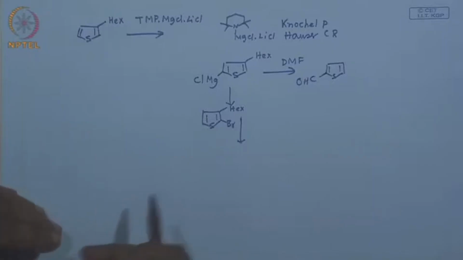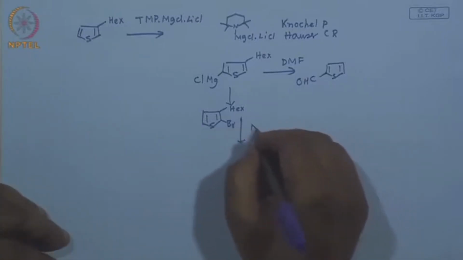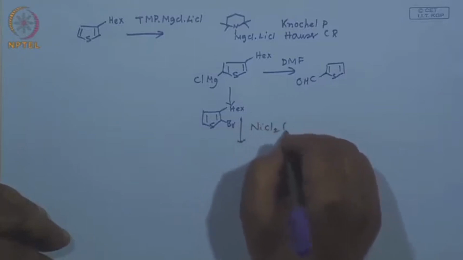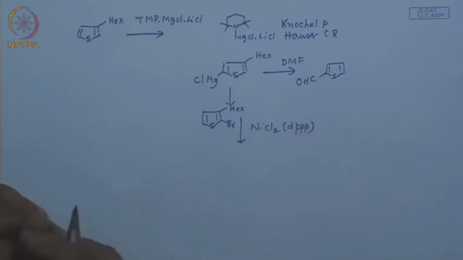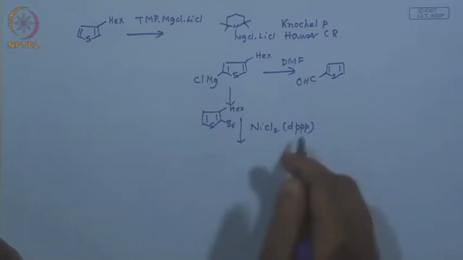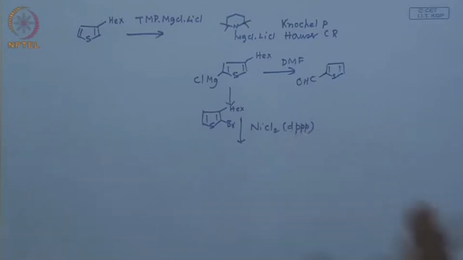And in this case the reagent that is used is nickel chloride and DPPP, I think by now all of us know, I taught it in 4th year, right. Any research scholar who knows what DPPP is? Maybe diphenylphosphinopropane, that is it.